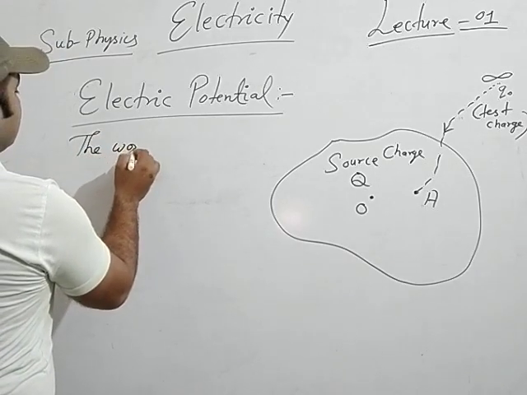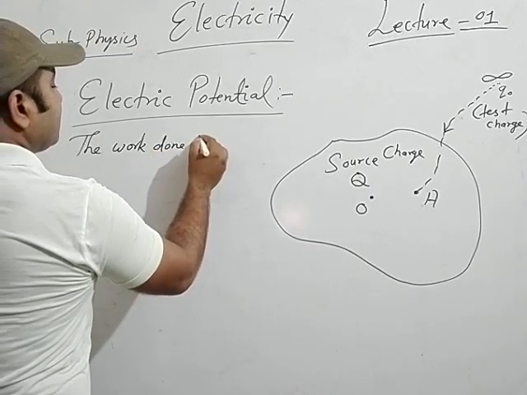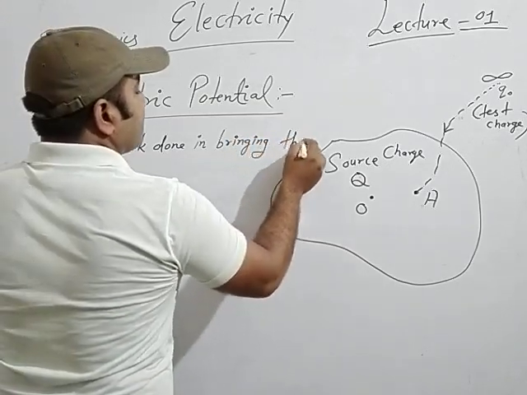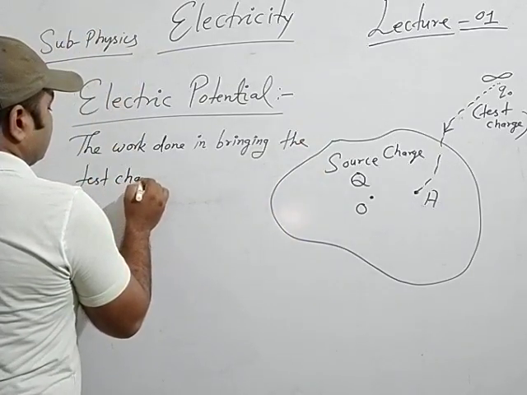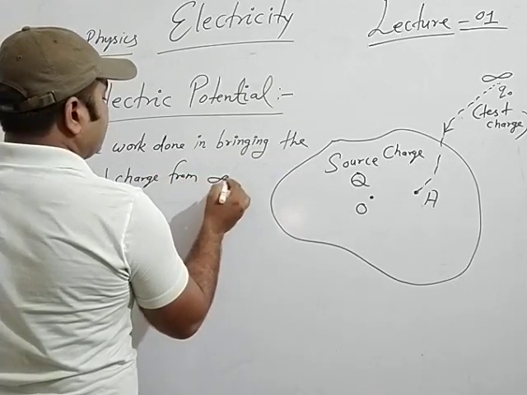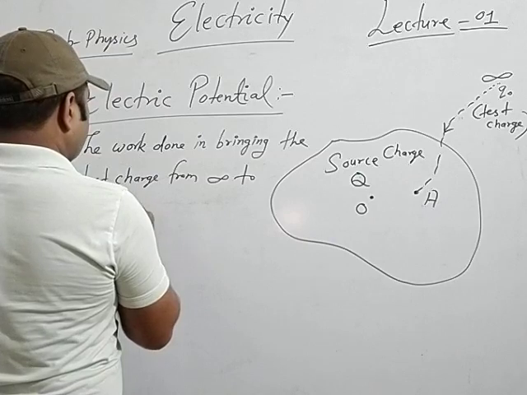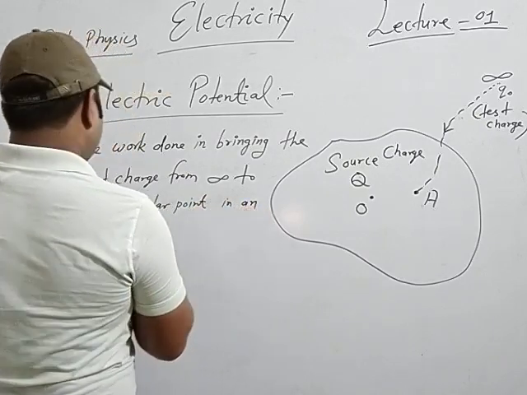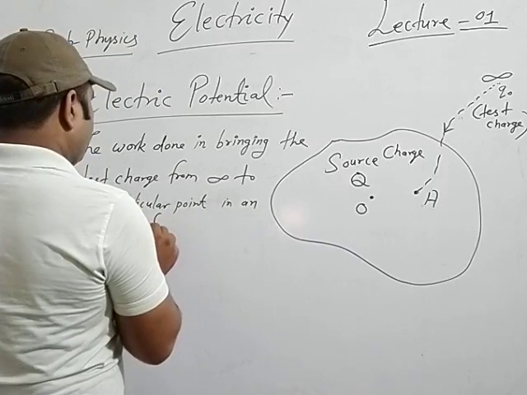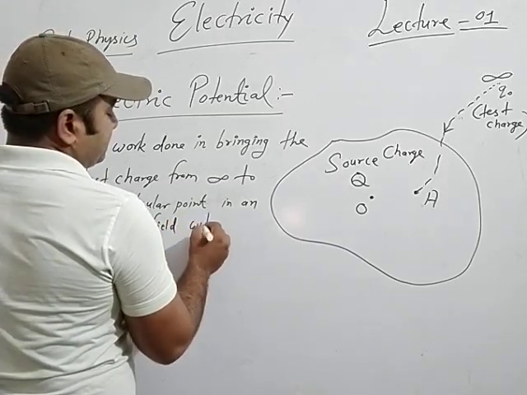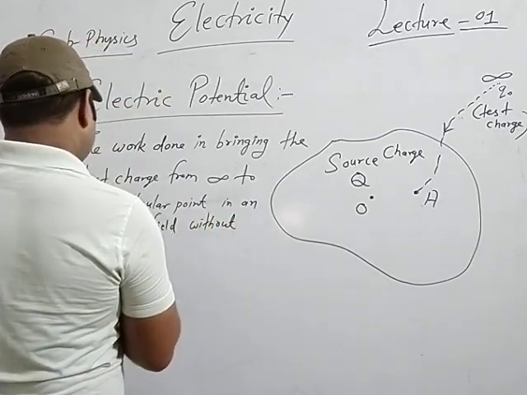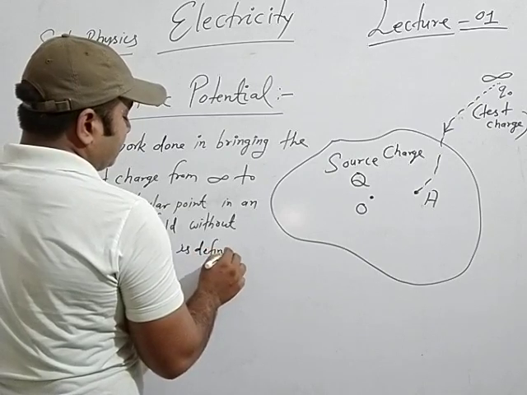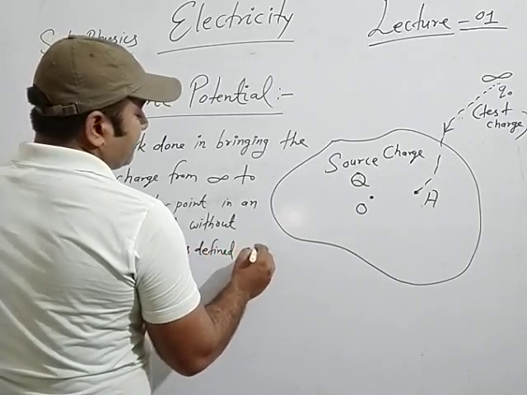So see, the work done in bringing the test charge from infinity to a particular point in an electric field, without acceleration, is defined as electric potential.